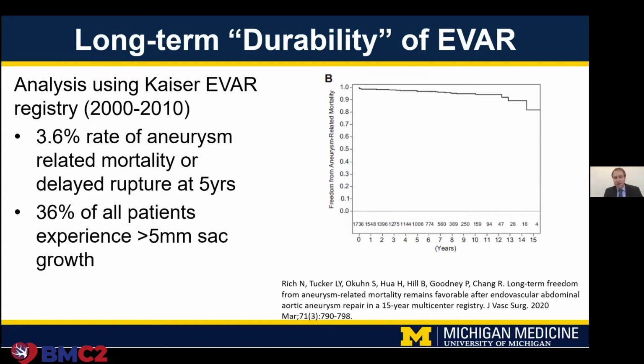Further, this study went on to show that 36% of patients who receive an endovascular aortic aneurysm repair actually continue to have aneurysm sac growth of greater than 5 millimeters over the remainder of their lifetime. The rationale for this persistent risk following endovascular aortic aneurysm repair has often centered on a discussion of endoleaks.